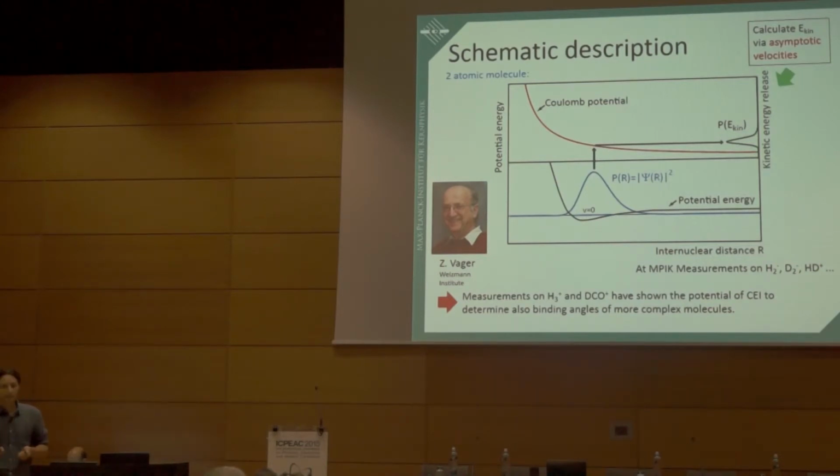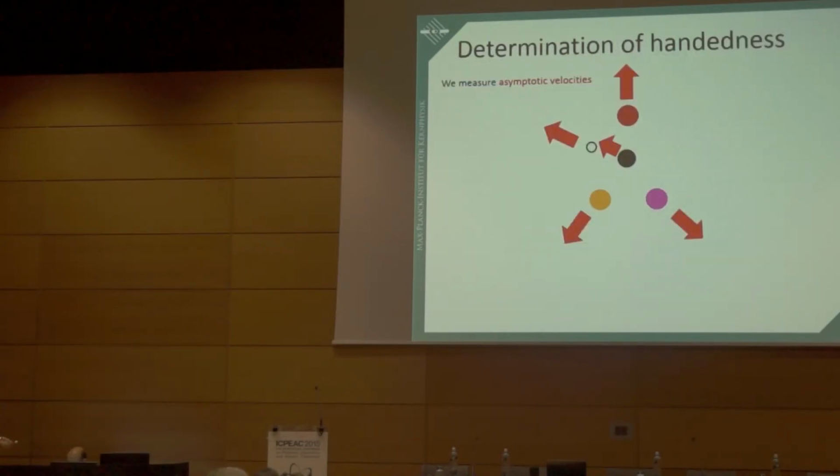And this brings me to the determination of the handedness via Coulomb explosion imaging. Just to remind you, what we measure are these asymptotic velocities of these fragments. This here is a three-dimensional picture, so please think about it this way: this and this fragment come towards you, this one more or less stays in position, and this fragment goes away from you.